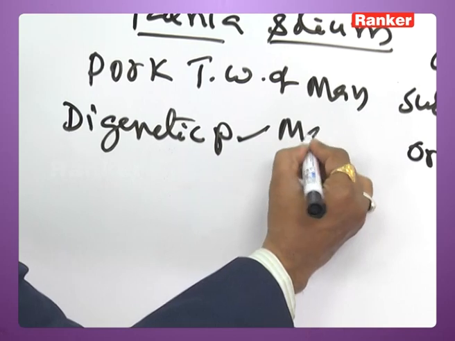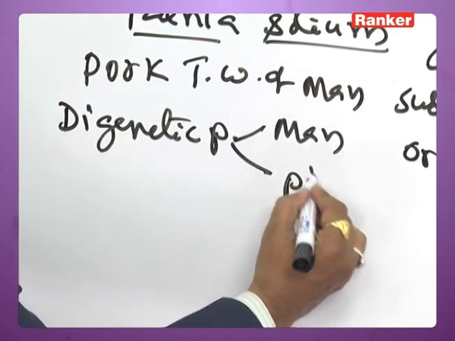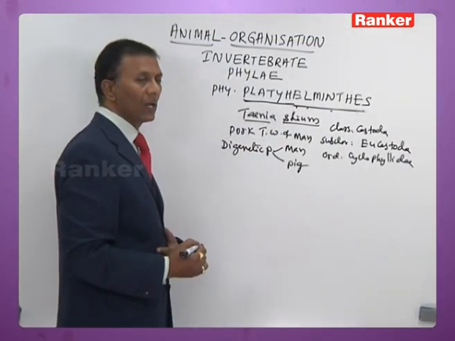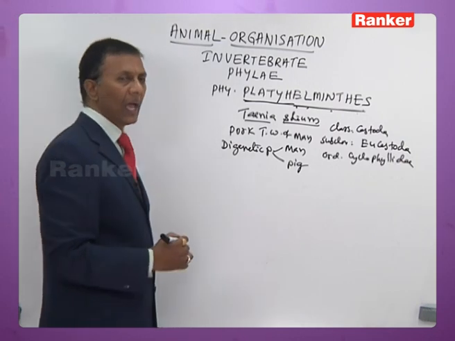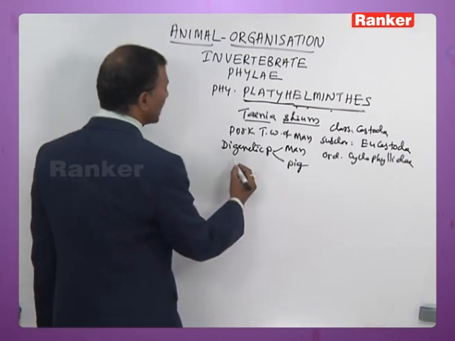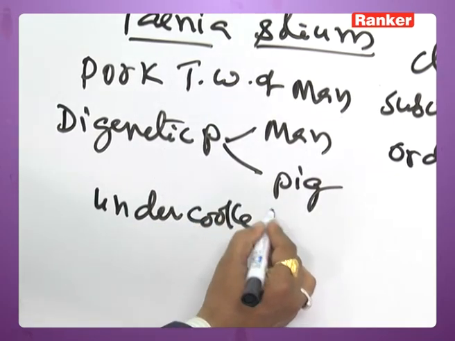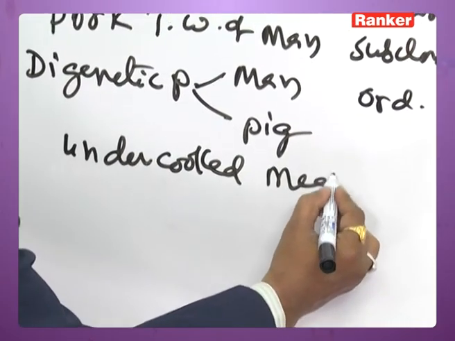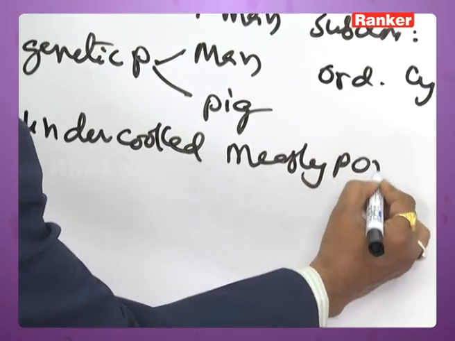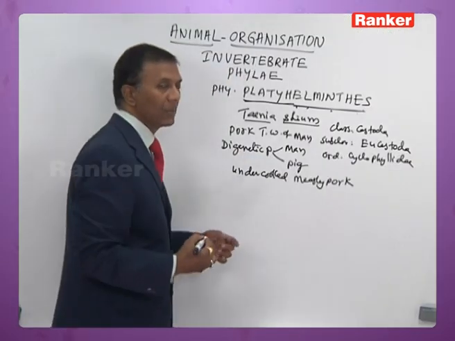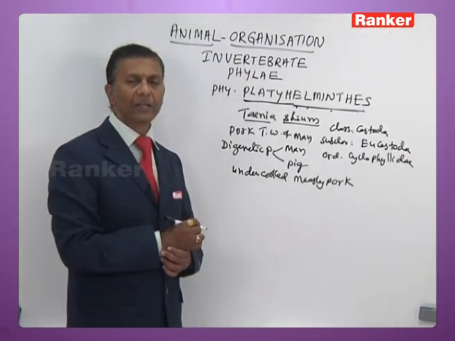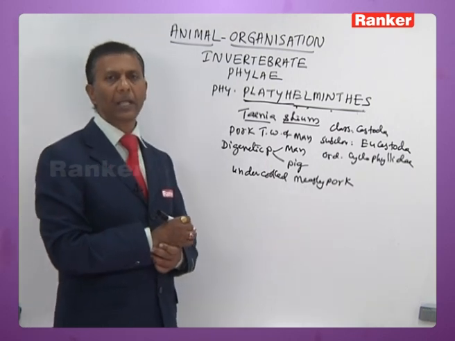Primary host is man and secondary host is pig. And people get infected by the consumption of undercooked pork infected with the larvae called measly pork.